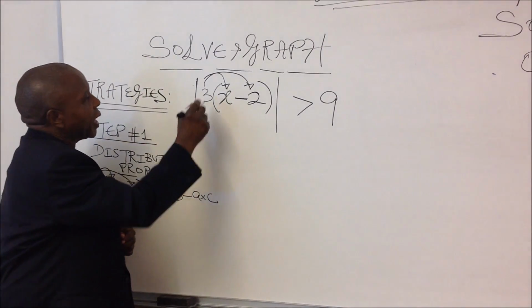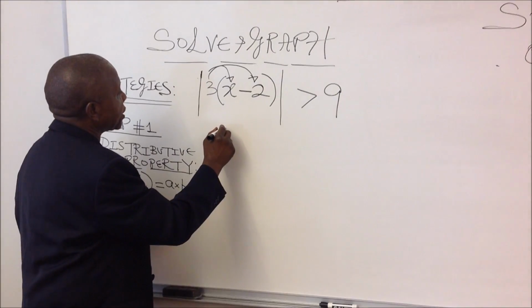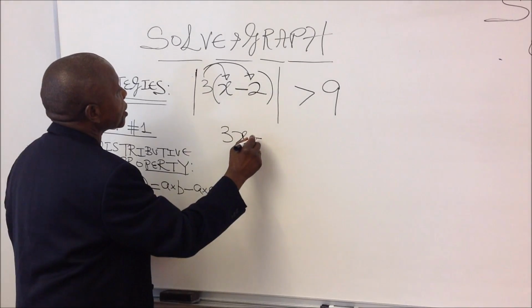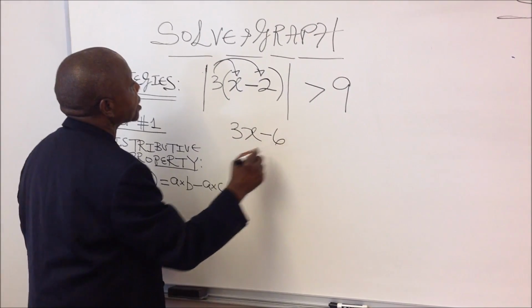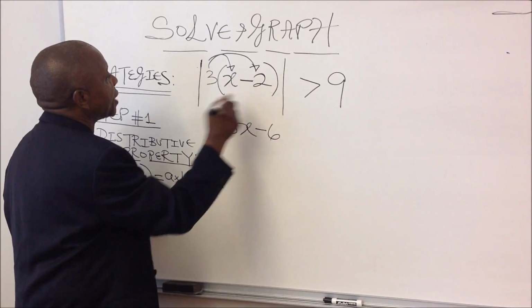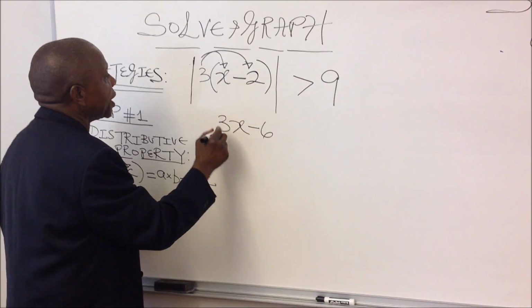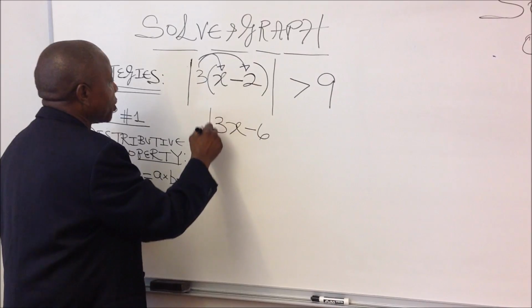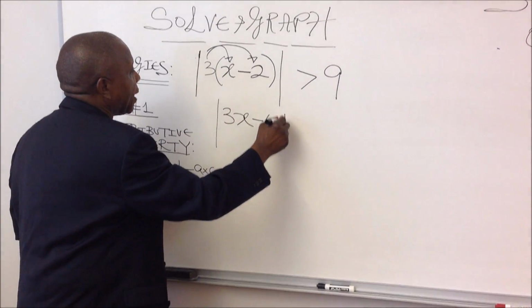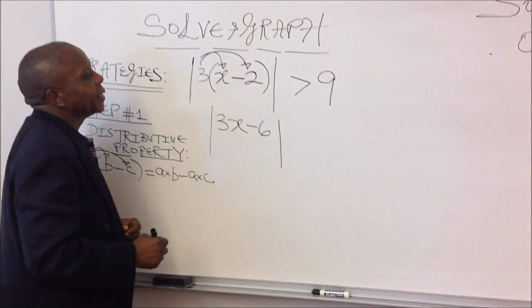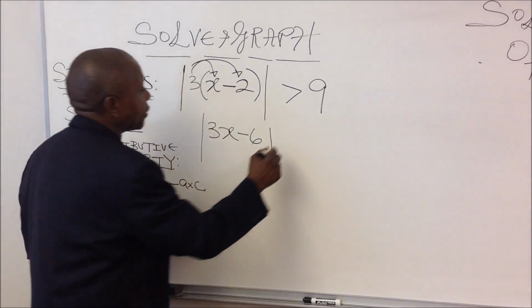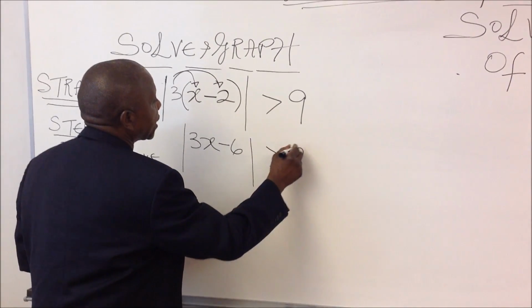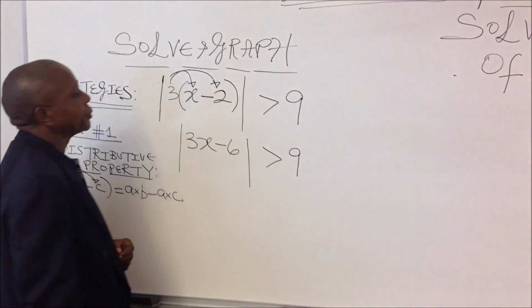That gives us 3x minus 6: 3 times x equals 3x, and 3 times negative 2 is negative 6. Then we bring down our absolute value symbol, the greater than symbol, and the 9.